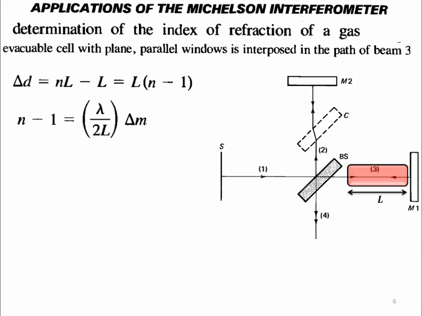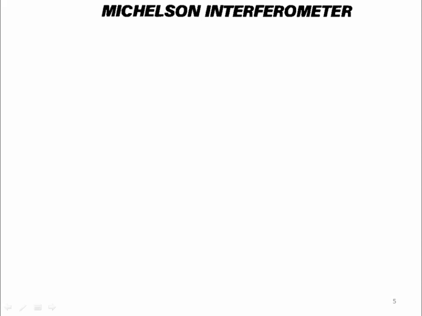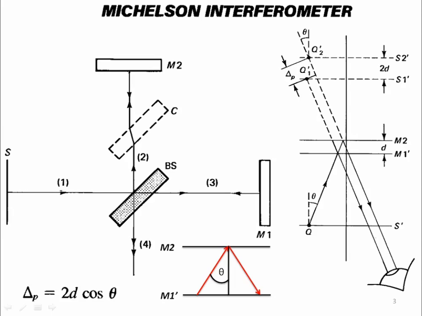Now what we do is just simplify this, and for simplification we have substituted this delta D in terms of the wavelength. The equation which we have used for delta D is this one. I hope you are aware of this equation.